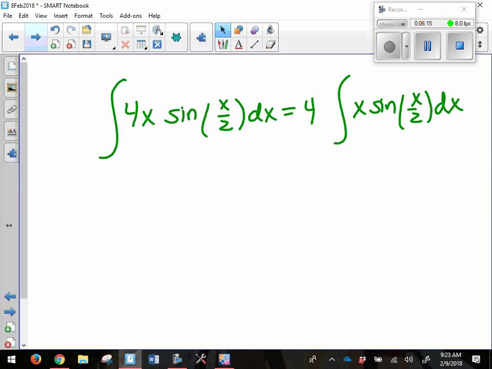So if I can't solve it by inspection, what's my next trick? Substitution. This looks suspiciously like what I had in the first place. Am I going to be able to use substitution? No, not really. It's going to give me like 2u sine u du. There's going to be factors of 2 in there. Still not going to help me. So what do I have to do?